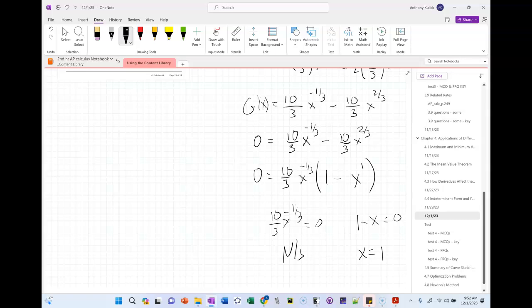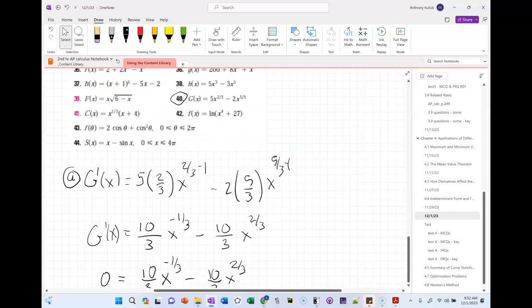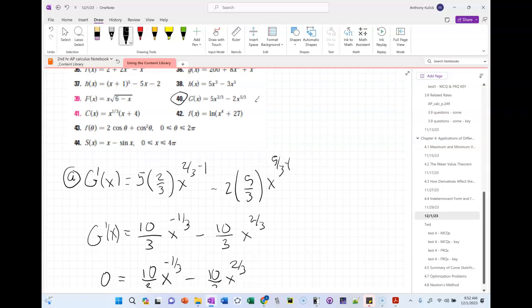But hold on, because where else can we have a critical value? Where the derivative is undefined, but the function was defined, right? So if I look at the original, the domain for this is all real numbers, right? Because we have positive exponents.